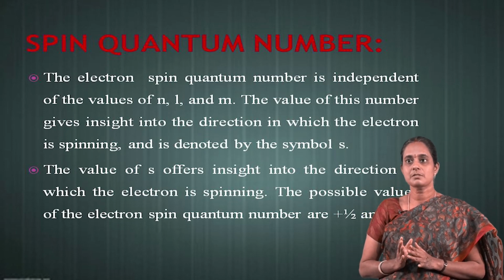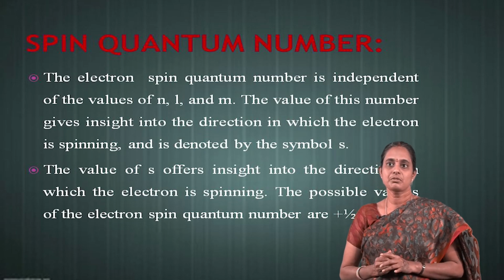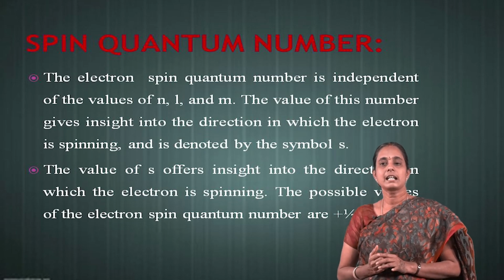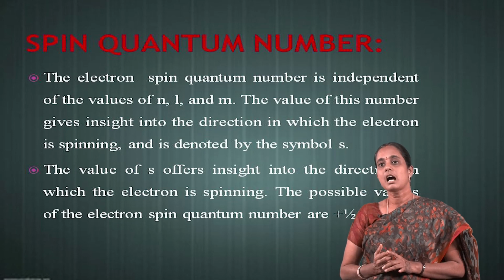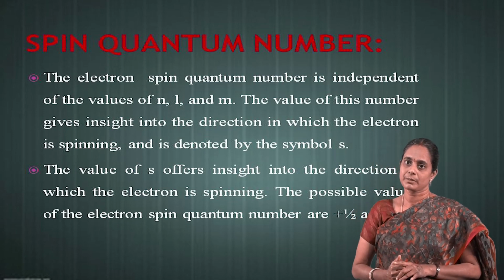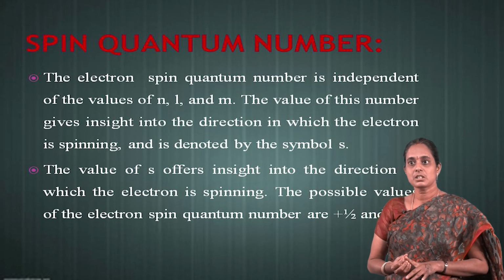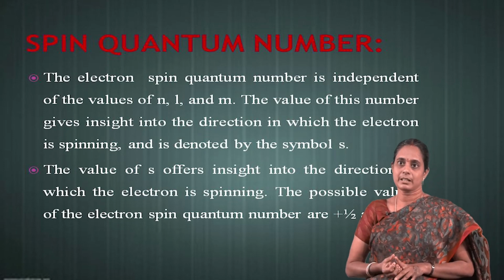The electron spin quantum number is independent of the values of n, l and m, that is the principal, azimuthal and magnetic quantum numbers. The value of these numbers gives insight into the direction in which the electron is spinning.